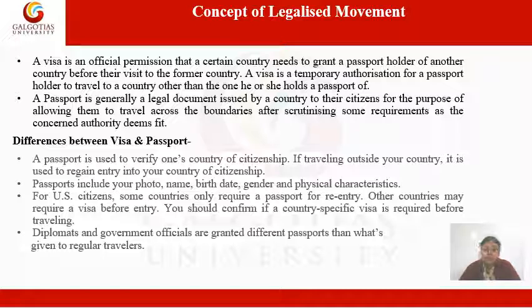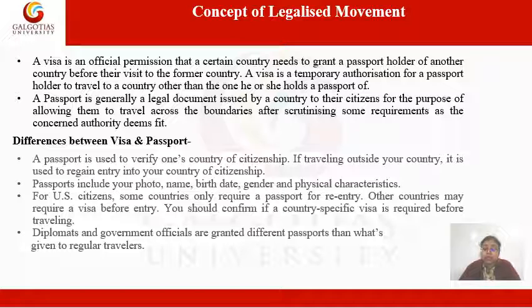But at the same time, the country to which I am traveling also needs to sanction me permission, that they are allowing me to enter their state. That permission is the visa. In the visa, the entire purpose becomes very specific, because there are various categories of visa like tourist visa, student visa, working visa.